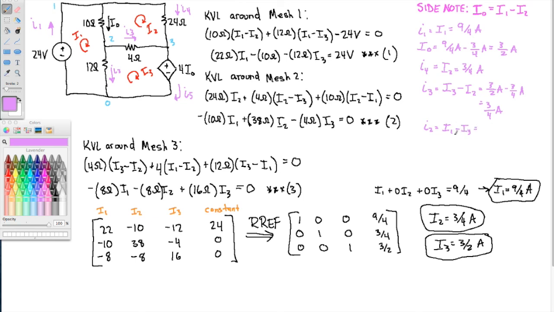So we have I1 minus I3, so that's 9/4 amps minus 3/2 amps. So 3/2 is 6/4, so this is 3/4 amps. 3/4 amps coming down.